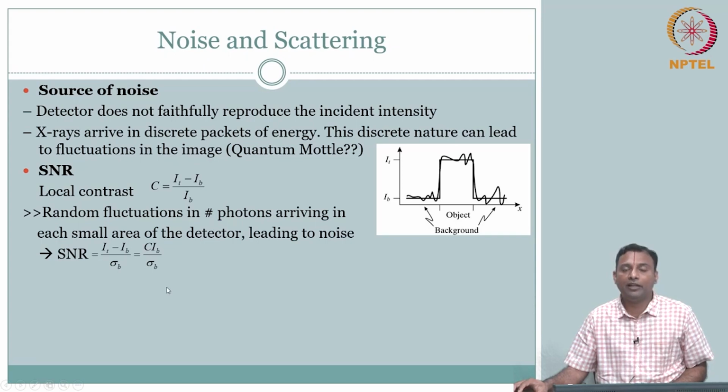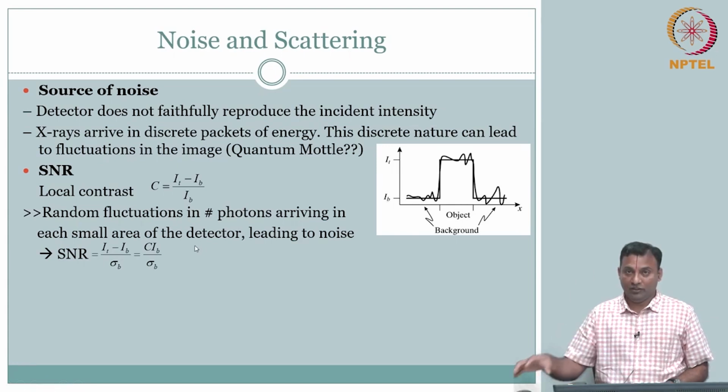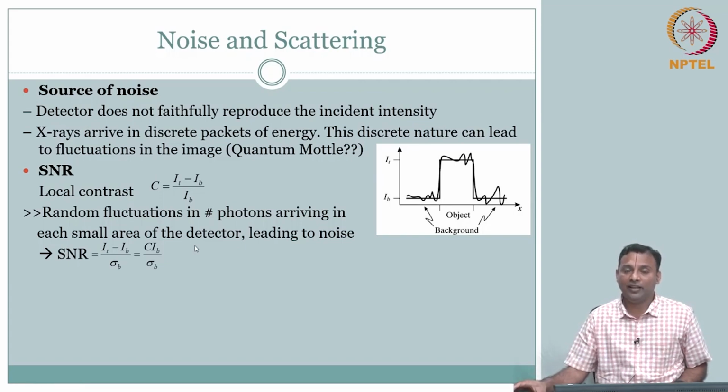We have population statistics, the number of photons that are arriving. So your signal will be the mean of the number of photons, and the variance will be the same as your mean, because of the statistics.